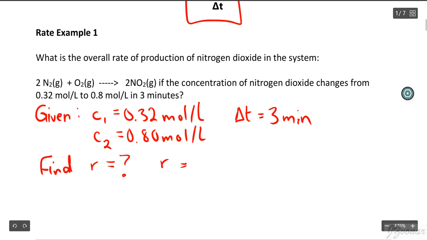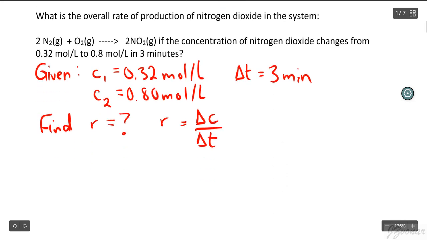So the rate then is equal to the change in concentration over the change in time. So don't forget, delta t is equal to t2 minus t1. All right, so that is something that needs to be remembered, that this is t2, and c2 minus c1 is how we get this particular value.